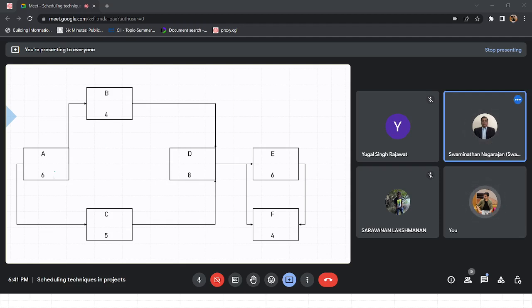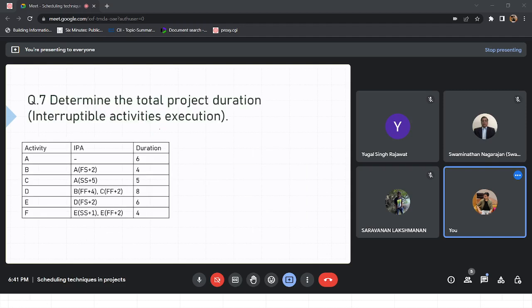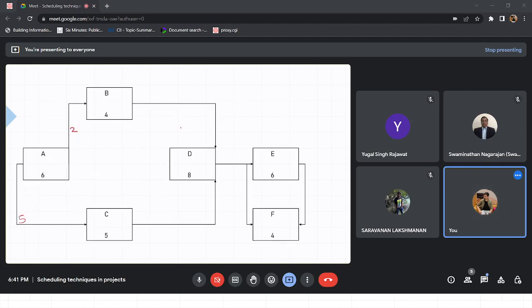So that there is some link. I hope I have written the buffers correctly.